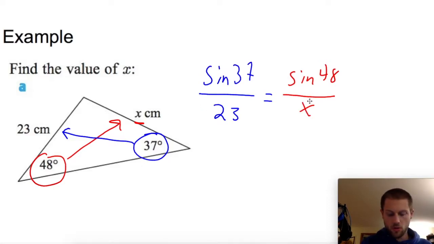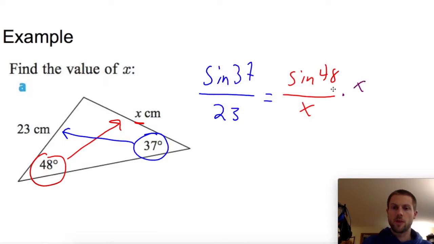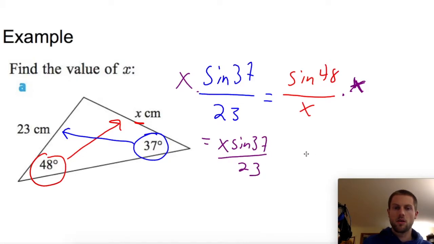I'm going to do a little bit of algebraic manipulation here. I want to solve this for x, so I might multiply both sides by x, so I get x times sine 37 over 23 equals sine of 48.